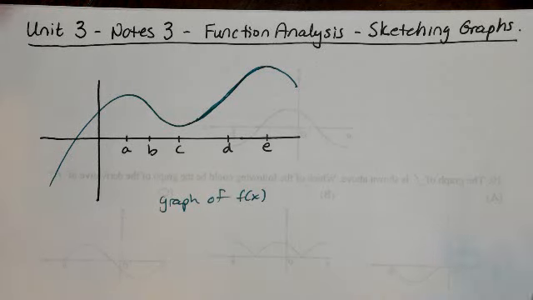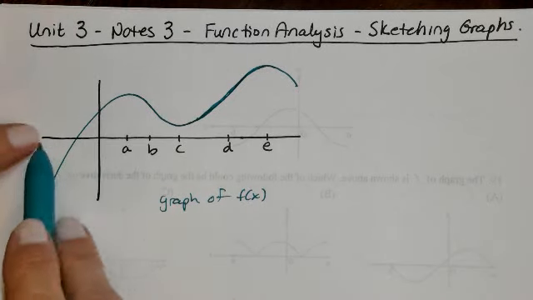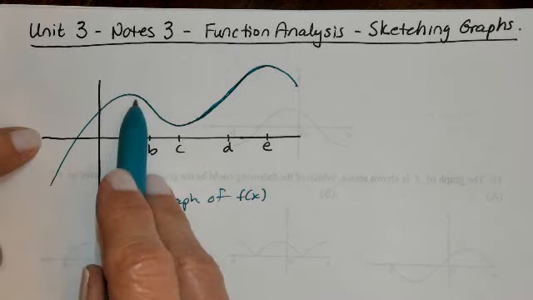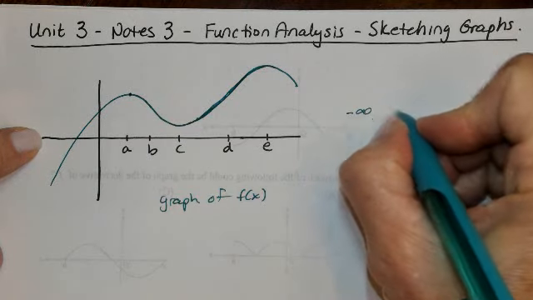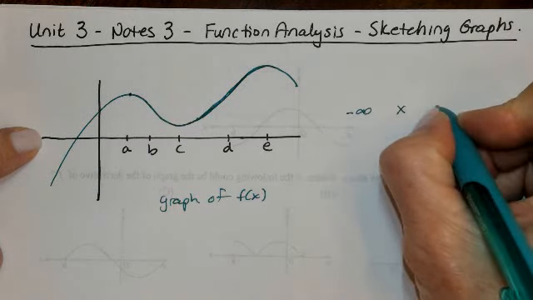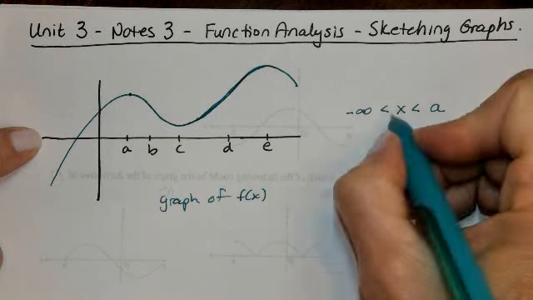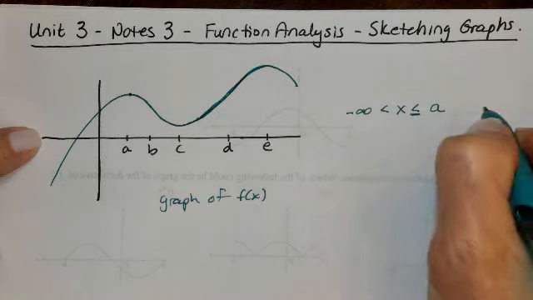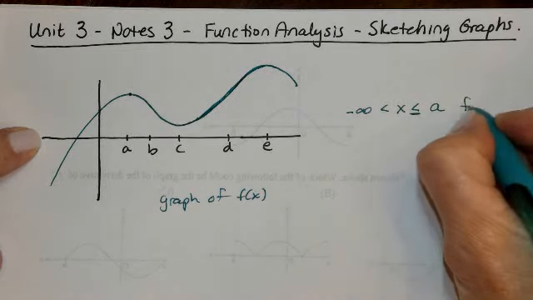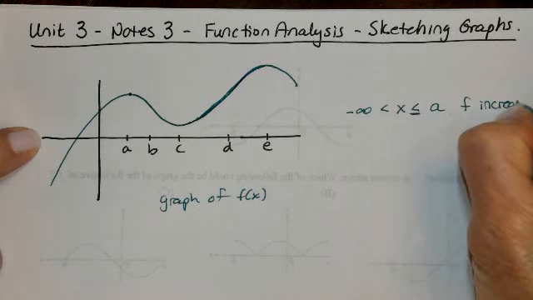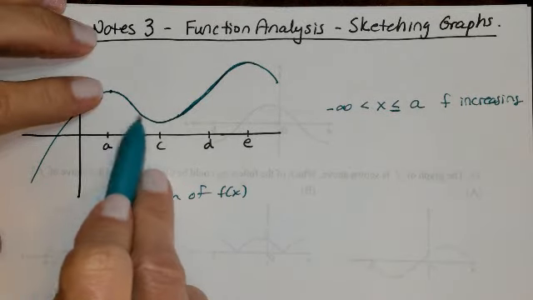In this curve, we know that from x is negative infinity to a, right here, the function is increasing. We use closed boundaries if we're talking about increasing. So on this interval, f is increasing. And then we have a section where f would be decreasing.